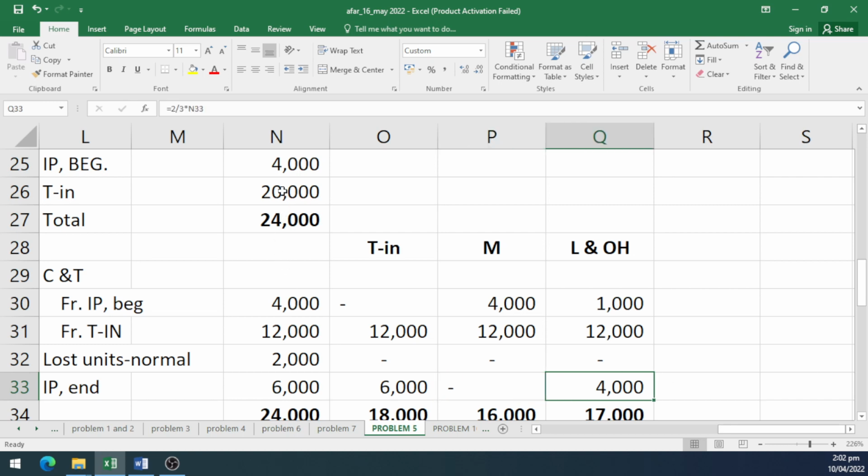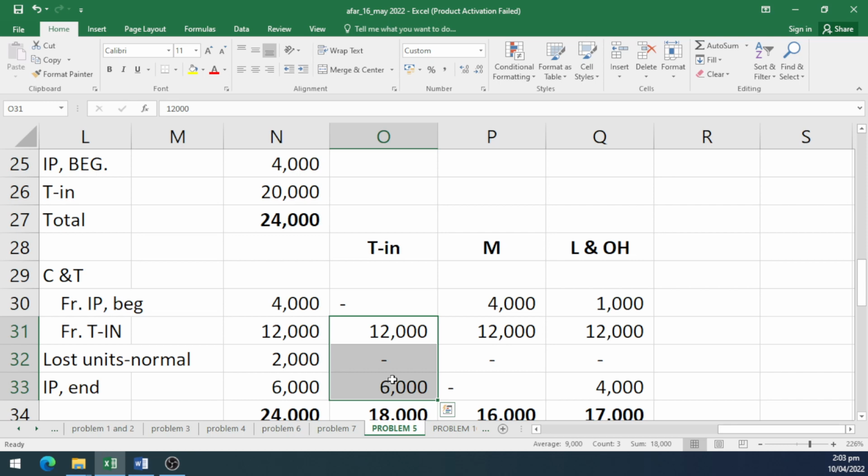So, yung 20,000 na transferred in, ito po yun. Natapos yung 12,000, lost units yung 2,000, 6,000 yung work in process ending. Ang labas nun, parang ang transferred in, yung 12 and 6 lang. 20,000 dapat yun eh. Eh ngayon, lost units, method of neglect. Assume na yung 2,000 were never placed in the process. Yun ang ibig sabihin ng method of neglect.